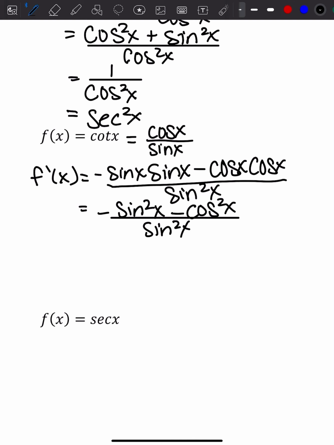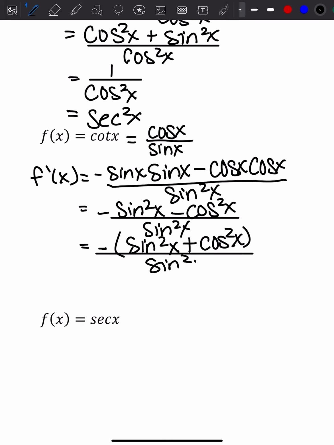What we're going to do is factor out a negative from everything in the top, so that we can get that Pythagorean identity. So I have negative that I'm just going to pull out, and we have sine squared x plus cosine squared x, divided by sine squared. Well, sine squared plus cosine squared equals 1, so I have negative 1 divided by sine squared. 1 over sine is cosecant, so 1 over sine squared would be cosecant squared. And because we have that negative 1, we now have negative cosecant squared of x.